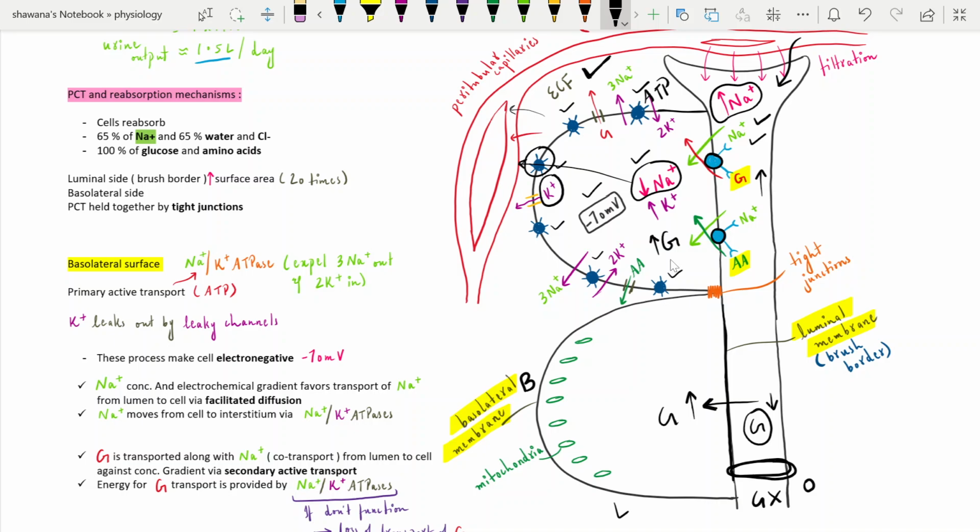It is another type of transport known as the secondary active transport, because the ATP is not being used here directly. It has come from another source, from the sodium potassium ATPases, because they have caused the decrease of the sodium concentration inside the cell, so that the sodium can move from the lumen into the cell, and along with that it can carry glucose.